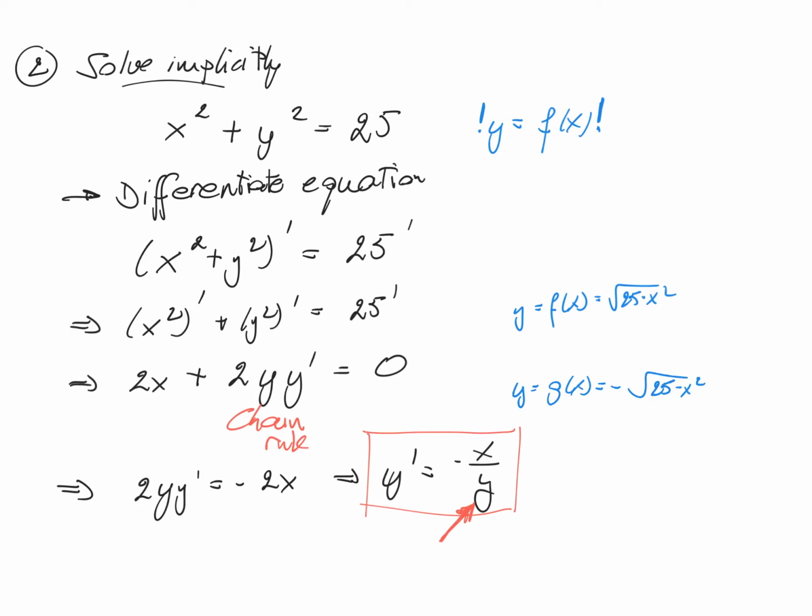According to my implicit solution, here the derivative y prime is minus x divided by y. So this is minus x divided by the function f of x, which is the root of 25 minus x squared. And for the other one, y prime is minus x over y, which is minus x divided by the negative root, so it becomes plus x divided by the root of 25 minus x squared.